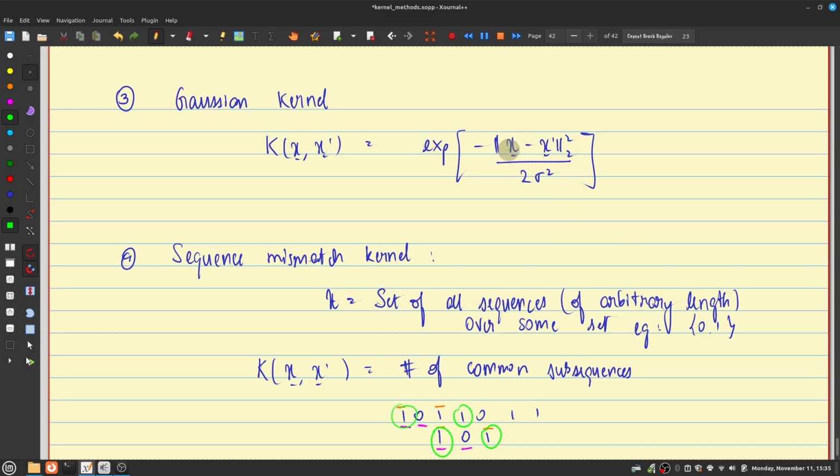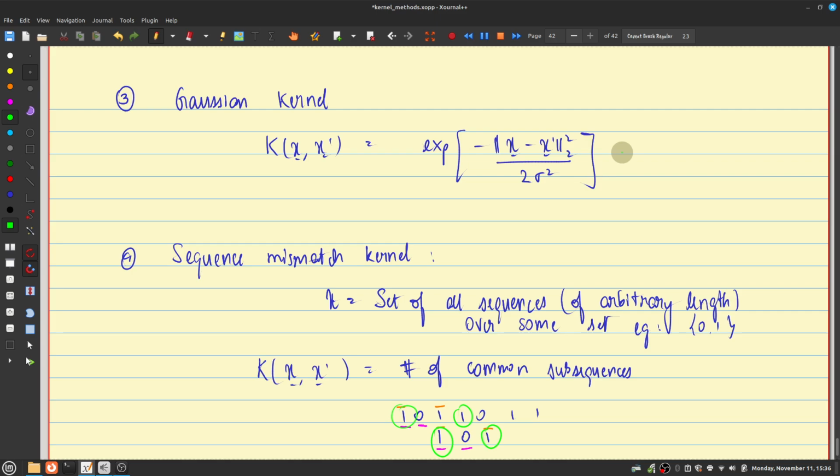But when x and x prime are really far apart in Euclidean distance, the Gaussian kernel takes a very small value, something close to 0. So the Gaussian kernel measures a different kind of similarity compared to the cosine similarity or the inner product.